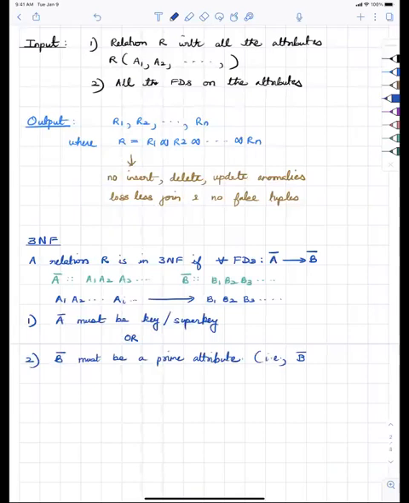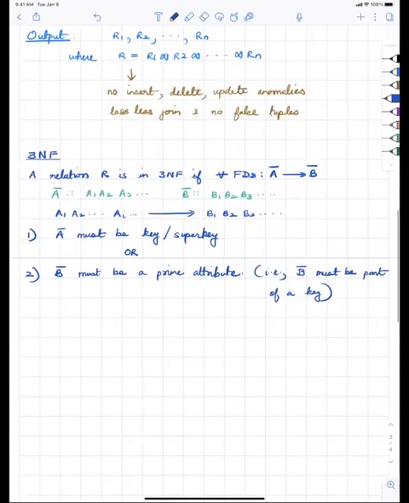So B must be part of a key. So a relation in third normal form is one where for all functional dependencies, either the left-hand side must be a key or super key, or the right-hand side must be a part of a key. So let's take a look at an example.